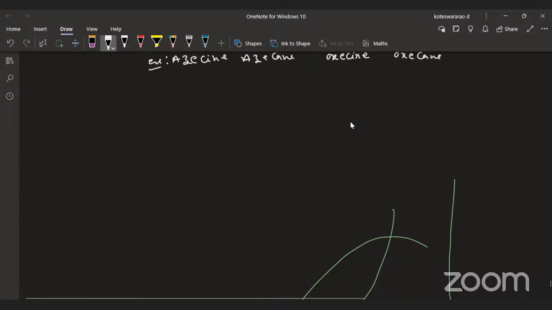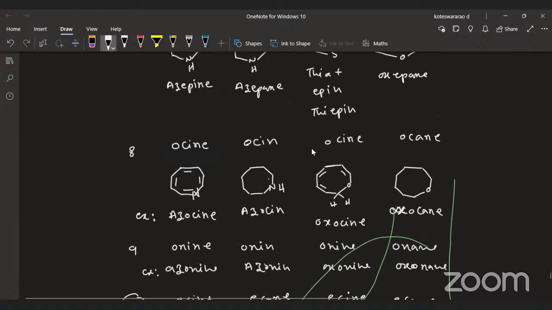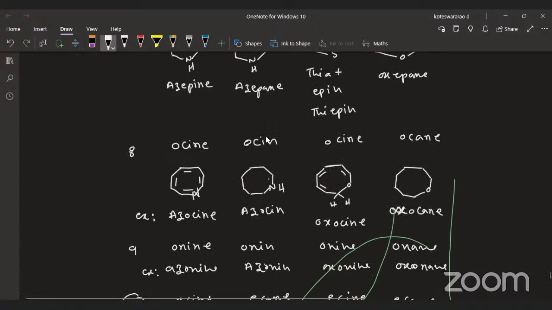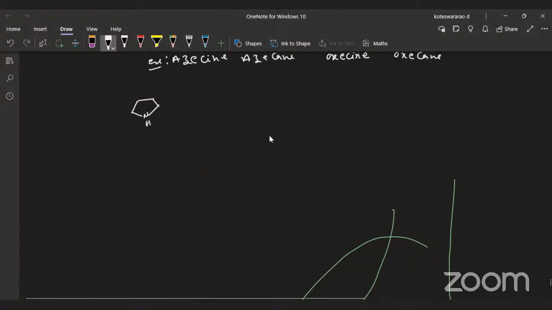For example, in the previous case, I used pyrrole with fully saturated. Whenever it is unsaturated, it is called pyrrole. What is the 5-membered ring with saturated nitrogen? Azolidine, right? Its name is azolidine.